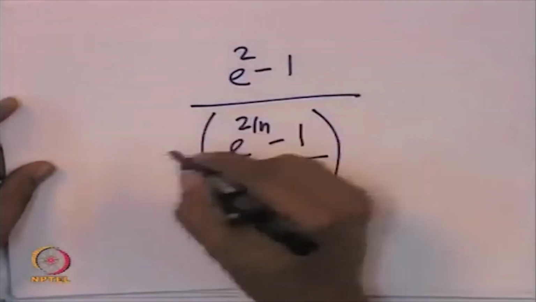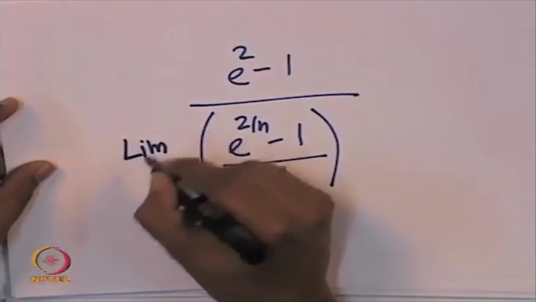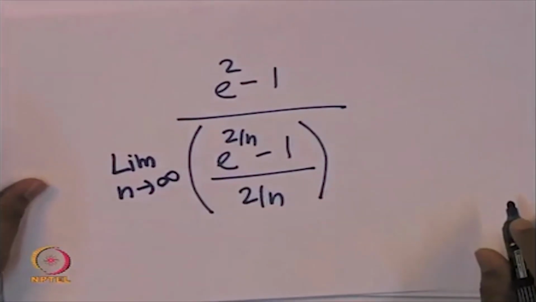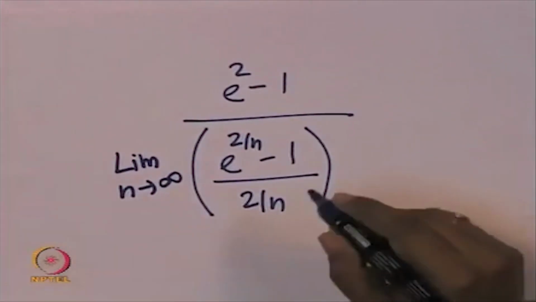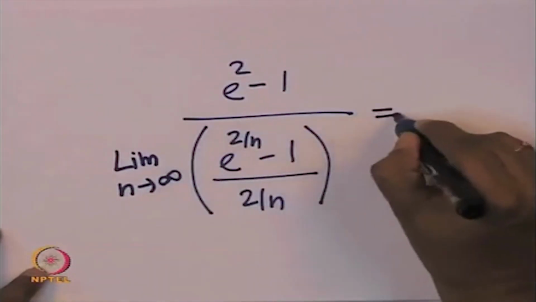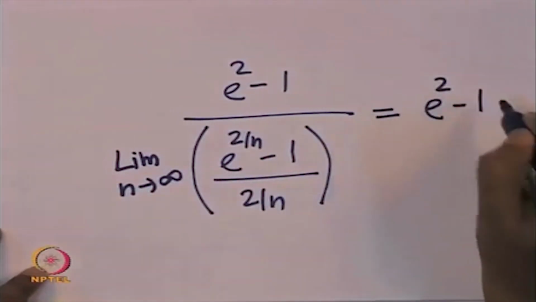Now, this is my S of n, and I want to take the limit n going to infinity. It turns out that when n goes to infinity, this term goes to 1. So then you will have the answer e square minus 1.